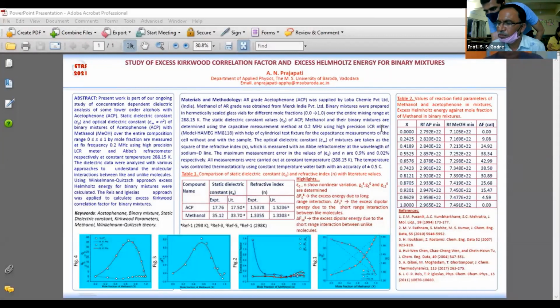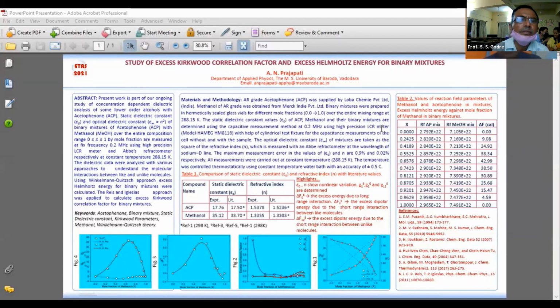Now, in table 2, we tabulate the mixing parameters and the excess energy for the binary mixtures: the mixing parameters of acetophenone mixtures, the mixing parameters of ethanol mixtures, and the excess energy. We also plot the static dielectric constant values and the refractive index values of the binary mixtures in figure 1.